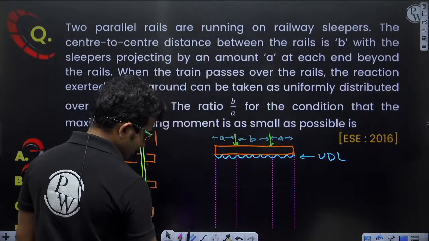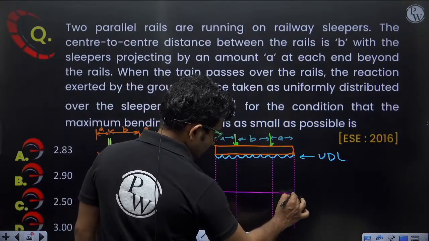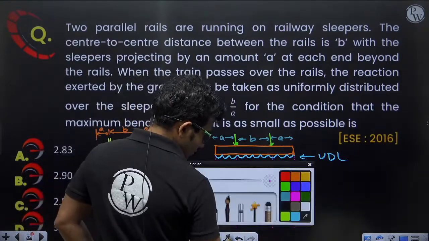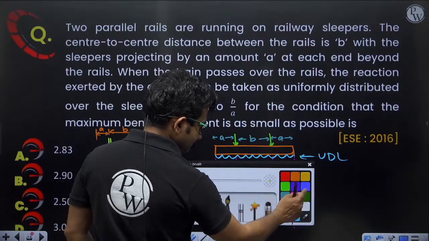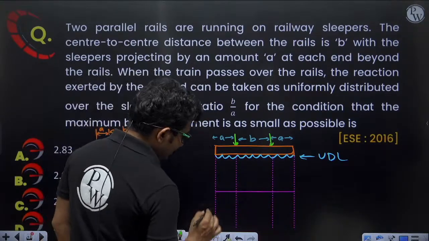Okay, so these are the reference lines. Now the bending moment diagram will be something like this.